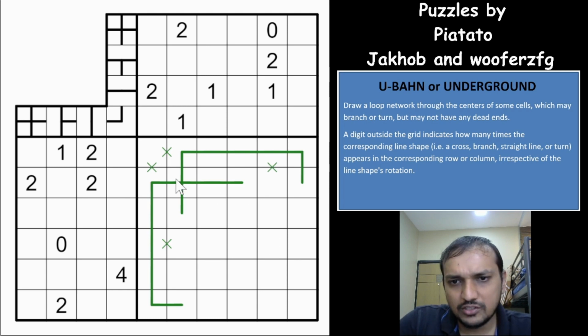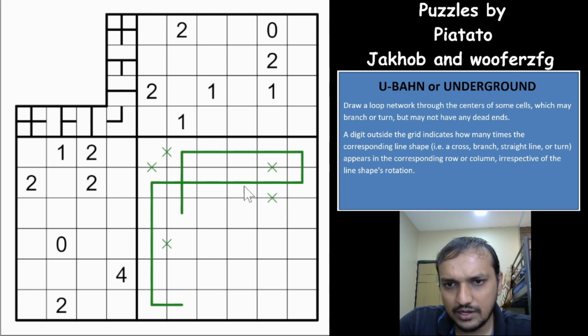Both the straight lines would have to be horizontal, because you cannot have a straight line either here or here or here. So which means you'll have two straight lines and two plus that will directly take you to the last cell. Okay, this can still be a branch.